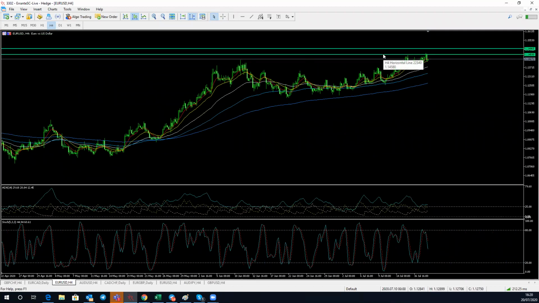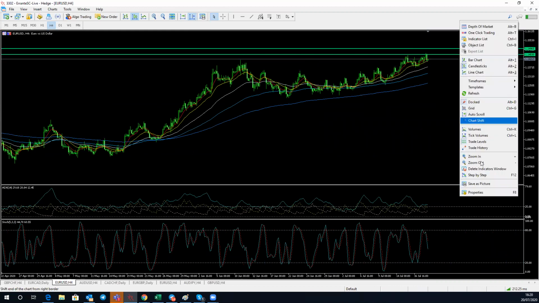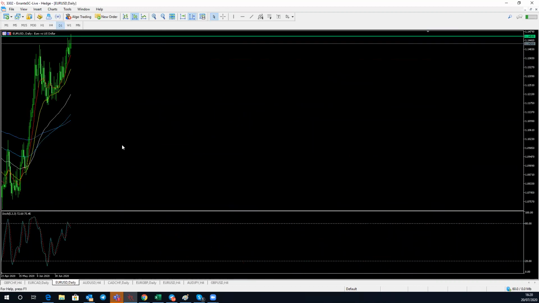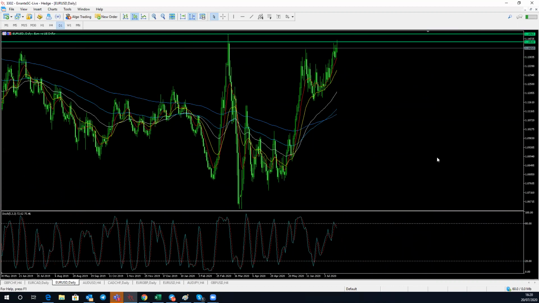So what we can also do is look into the stochastics. Let me just show you the stochastics indicator. Let's say you are on the daily chart. Okay, we go over daily first. You use the stochastics in looking at whether or not the price can reverse, whether there is a divergence or not.